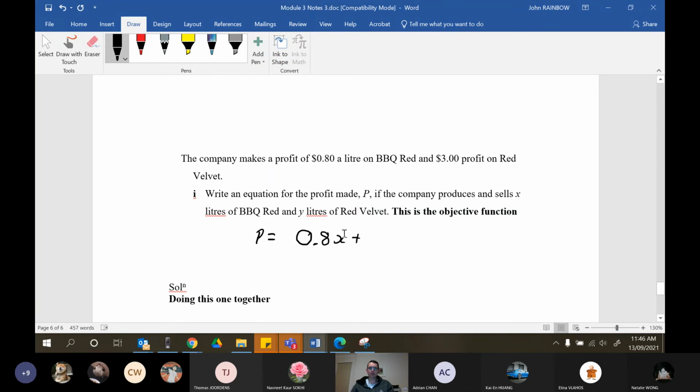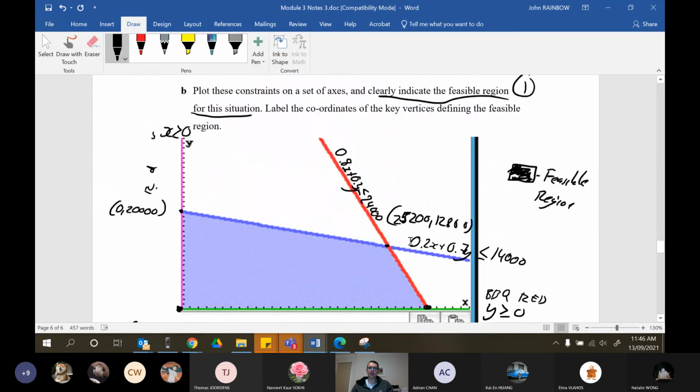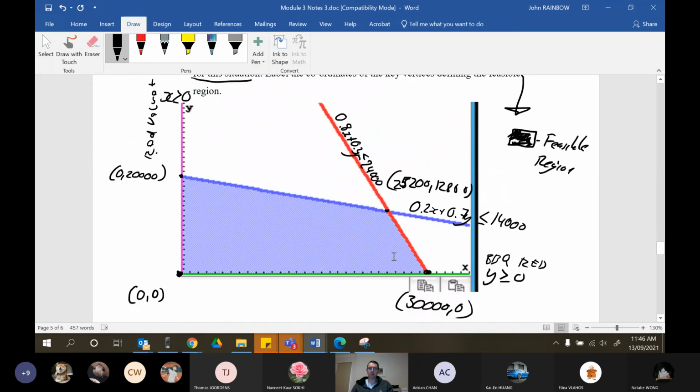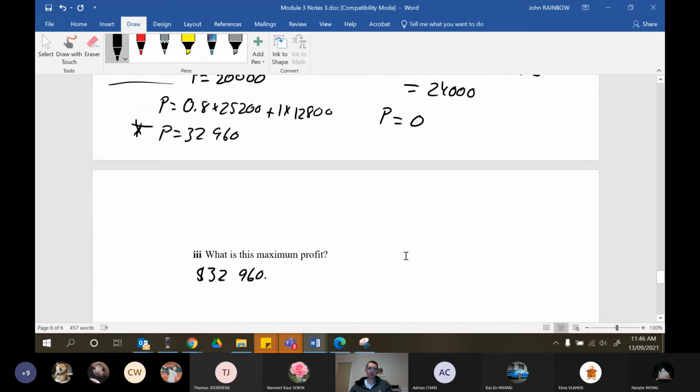Okay, write an equation to show me this. So it's still 80 cents on that, but we've got $3 on the red velvet. You might think, oh yeah, it's pretty obvious that was the point, because that's where you make the most. But let's look at the profits now.